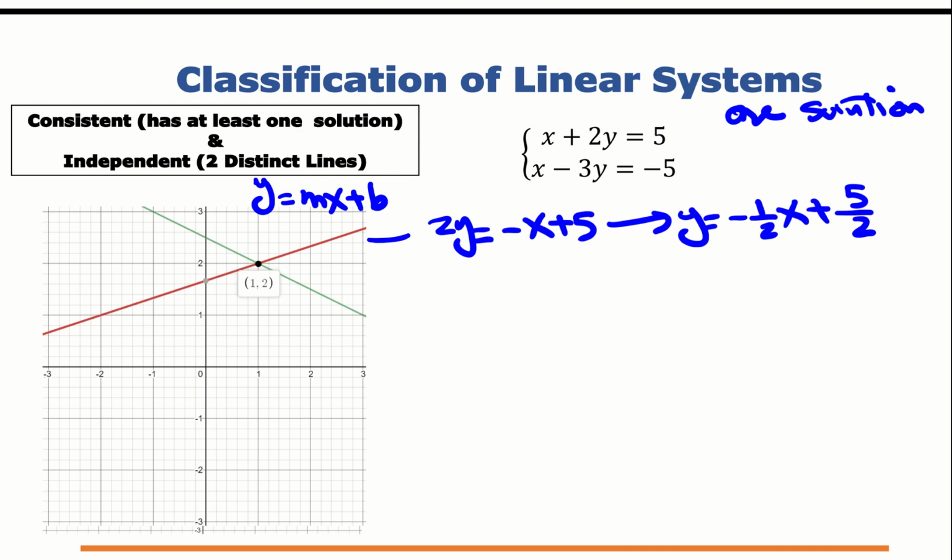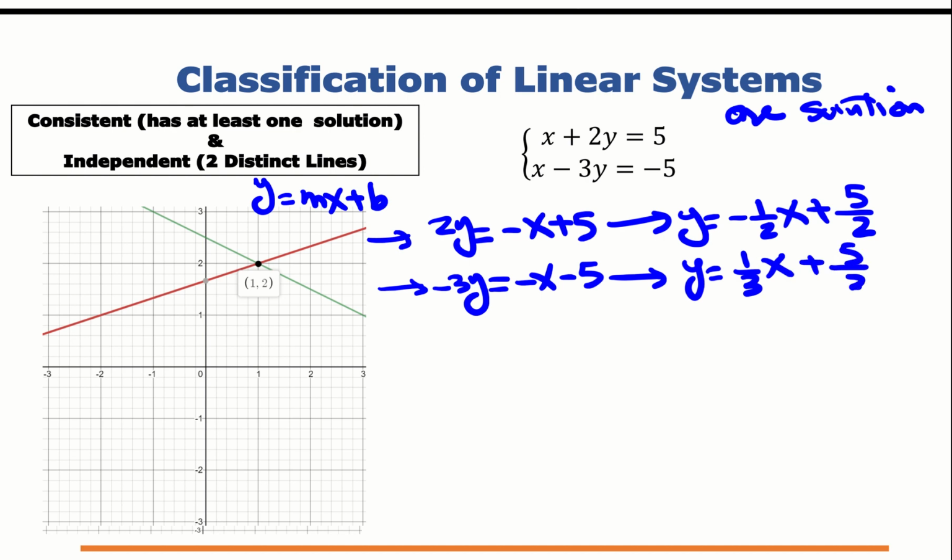Let's do the same to the second equation. So we get negative 3y equals negative x minus 5. This time we're going to divide both sides by negative 3. So we get y equals positive 1/3 x plus 5/3.